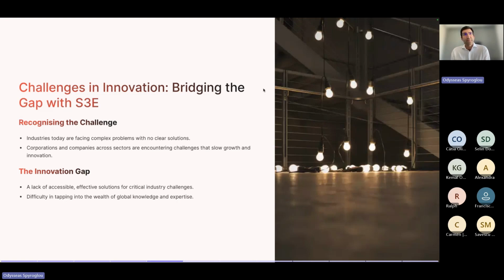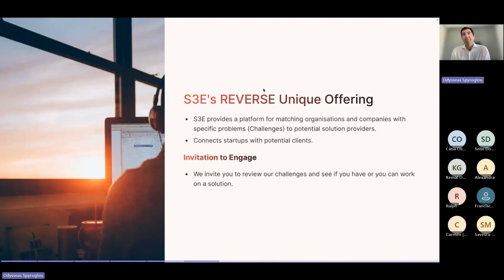That innovation gap, the lack of accessible, effective solutions, when you know that there is a problem but you cannot find a solution in the market, is what we try to address. So the unique offering of the reverse track is that it provides a platform for matching organizations and companies with specific problems, specific challenges.